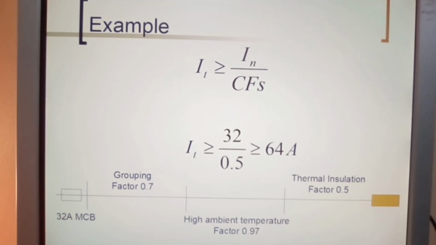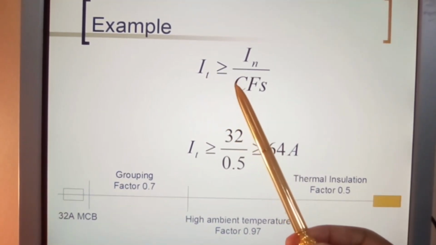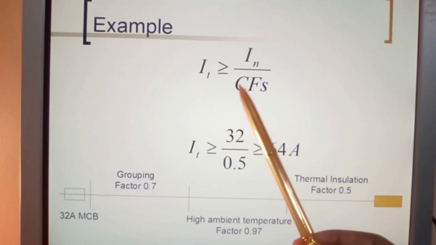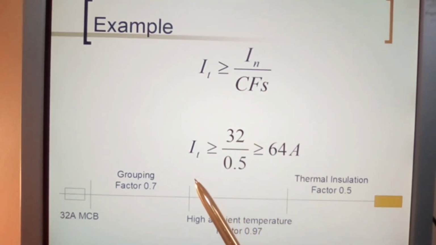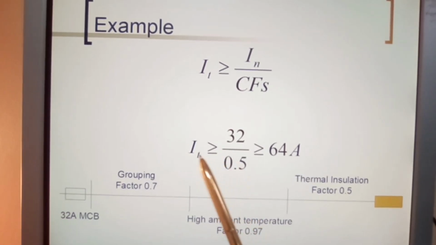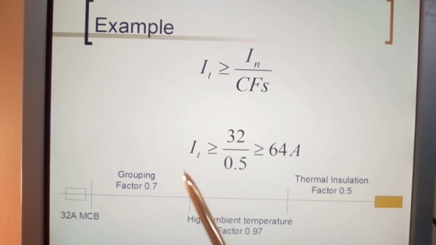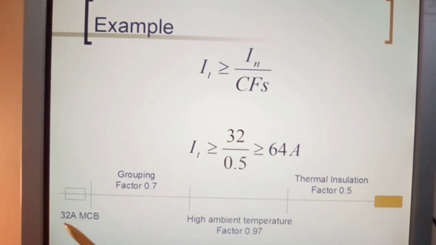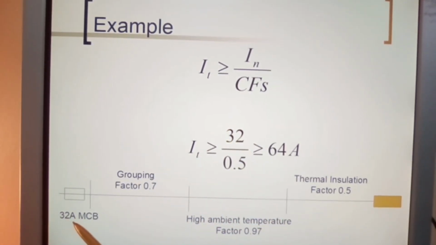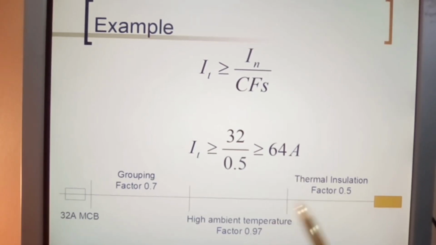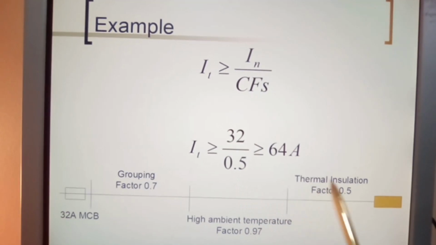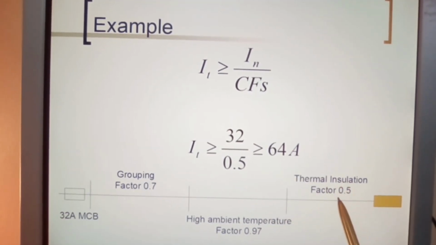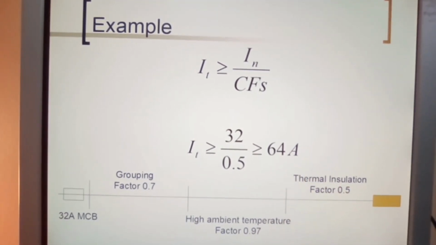Example: IT greater than or equal to IN over CFs. IT equals, now your 32 amps comes from here, your miniature circuit breaker, it's an MCB. And your 0.5 is your thermal insulation factor. That gives you 64 amps.